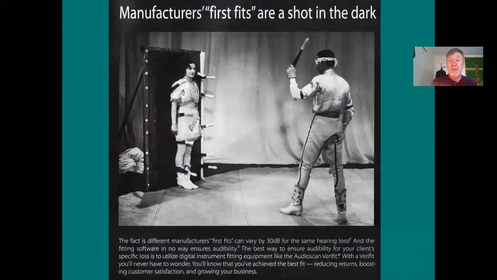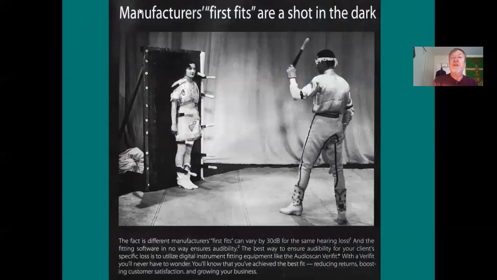And the manufacturer's software goes, and you hit save. Now, a lot of people let the client out the door like that. That's not good, because that's only doing half the job.